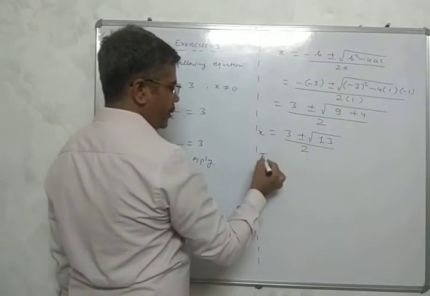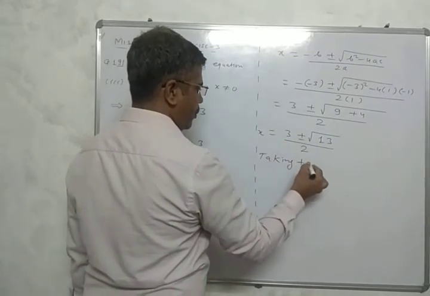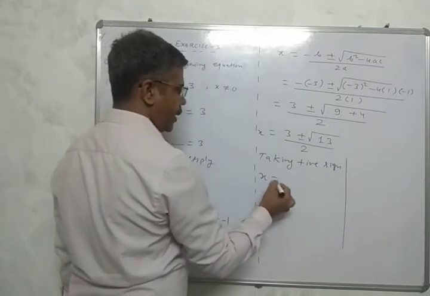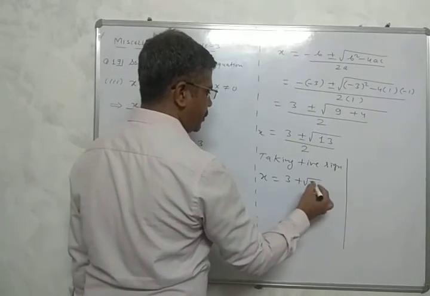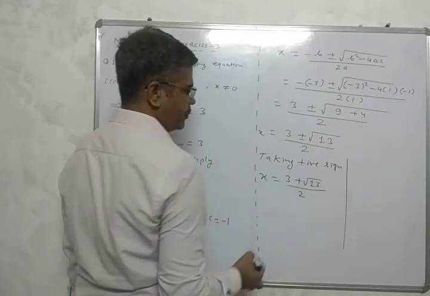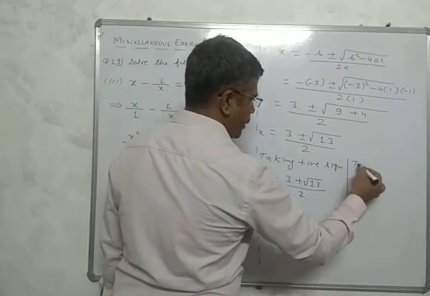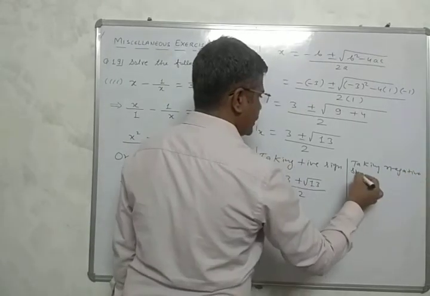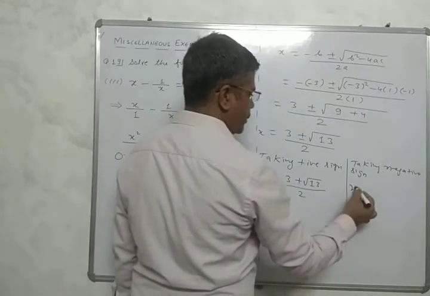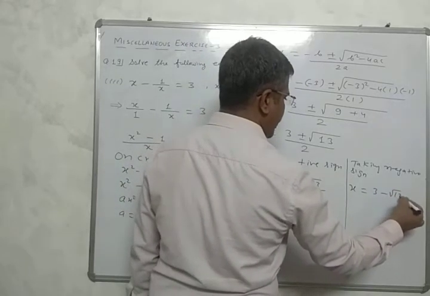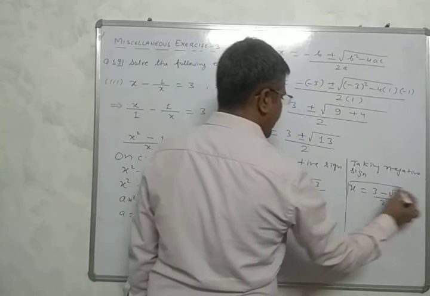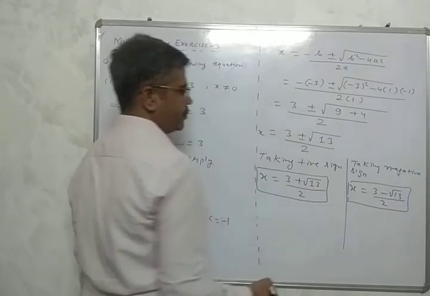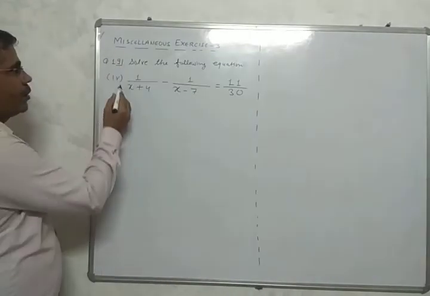Taking positive sign, we have first root x equals to 3 plus under root 13 upon 2, and taking negative sign, x equals to 3 minus root 13 upon 2, we get the second root of the given quadratic equation.